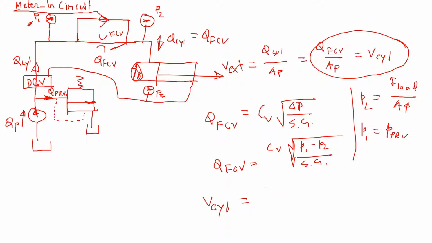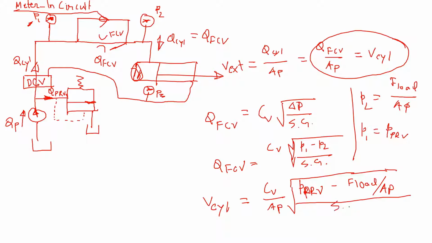So we can write basically Cv divided by AP, times the square root of P1, which is the pressure relief valve setting, minus P2, which is F load divided by the area of the piston, all divided by the specific gravity. So we can use this equation to calculate the velocity of extension.